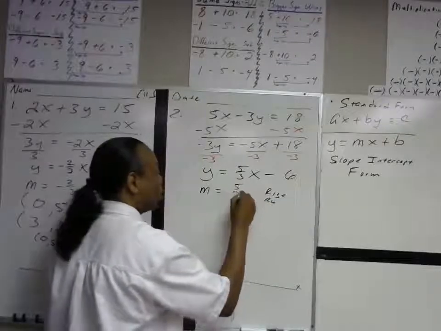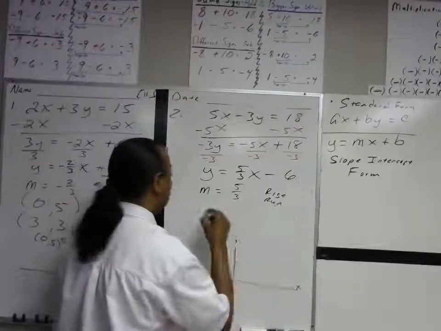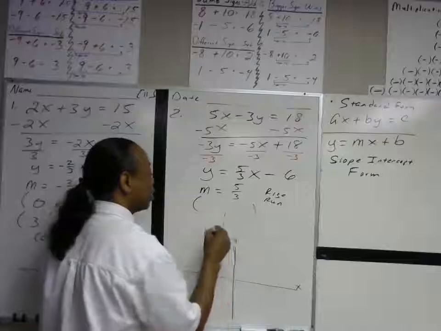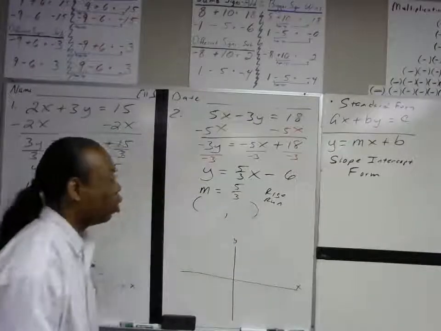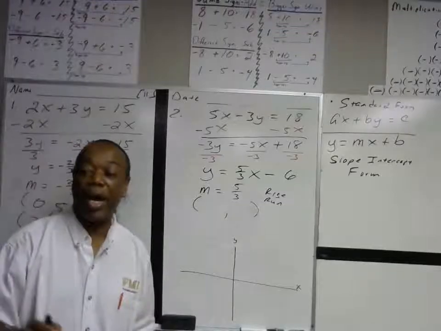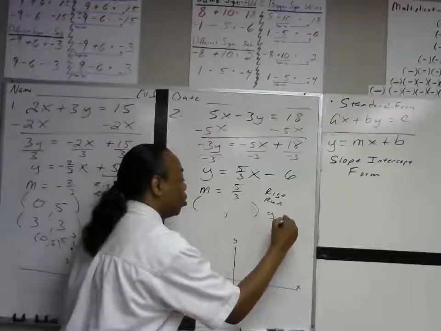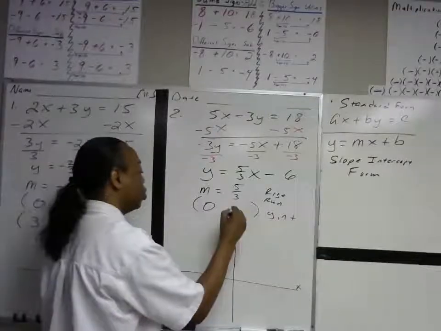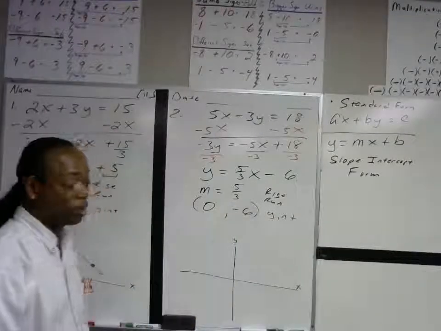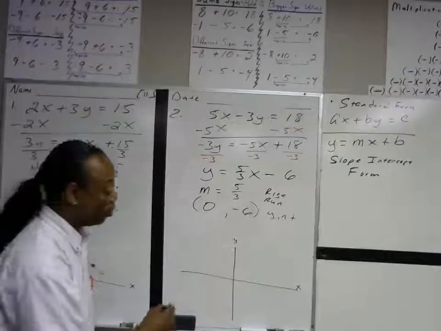Exactly right. Class, slope is 5/3. Next, now that we have the slope, what is the y-intercept? 0, -6. Exactly right. 0, -6. 0, -6 is located 6 down.